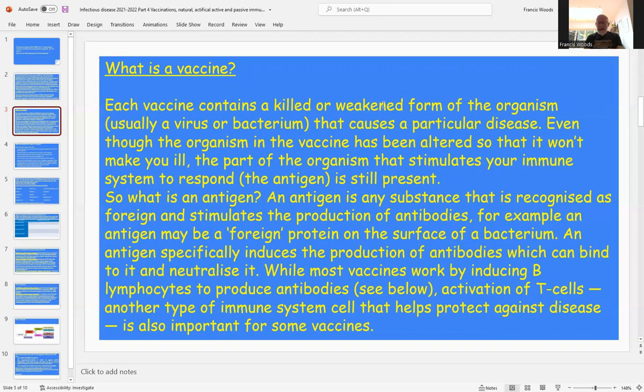An antigen is specific, and it induces a specific antibody response, which can then bind to it. Those are made by the B lymphocytes. The antibodies help to activate the T cells as well that will destroy our bacteria, our virus, or infected cells. So it helps protect us against those diseases.